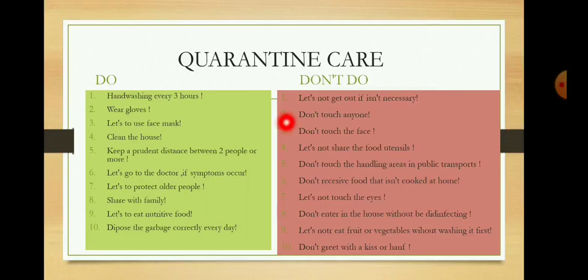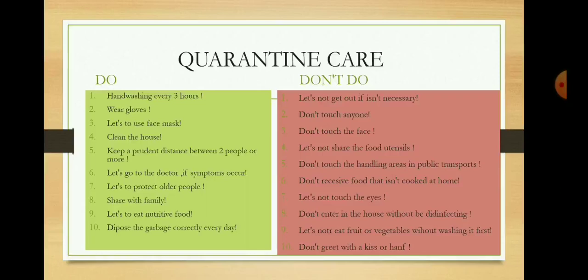I did an example with quarantine cares. So, the things that you need to do to take care and the things you don't need to do. So, the imperatives have an exclamation. I'm going to give some examples. 1. Wear gloves.